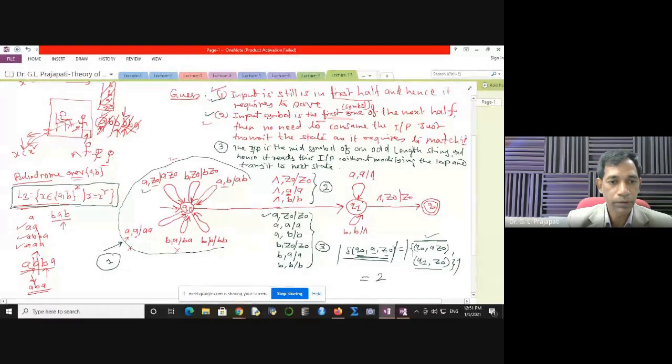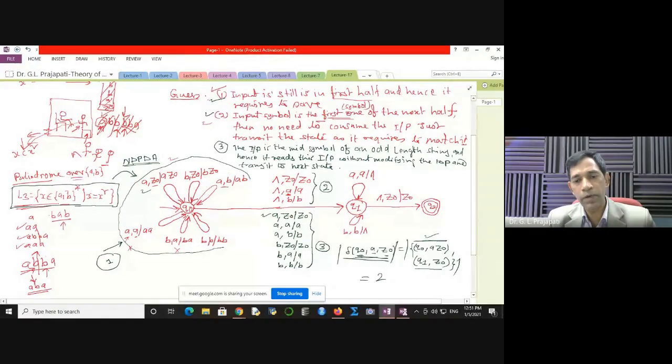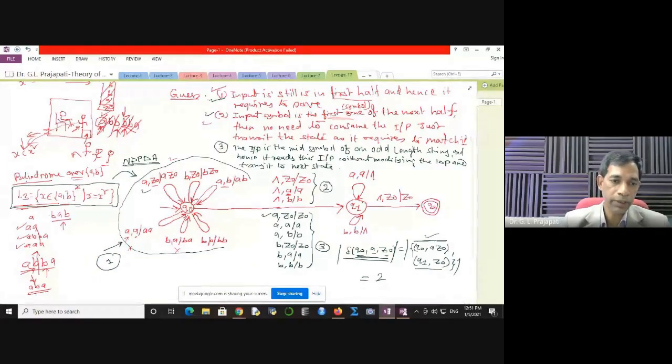And this is the PDA for this language, and this PDA is an NDPDA. ND means non-deterministic pushdown automaton. So you have obtained the NDPDA. You can see that this is a context-free language. You can construct the context-free grammar for this language.